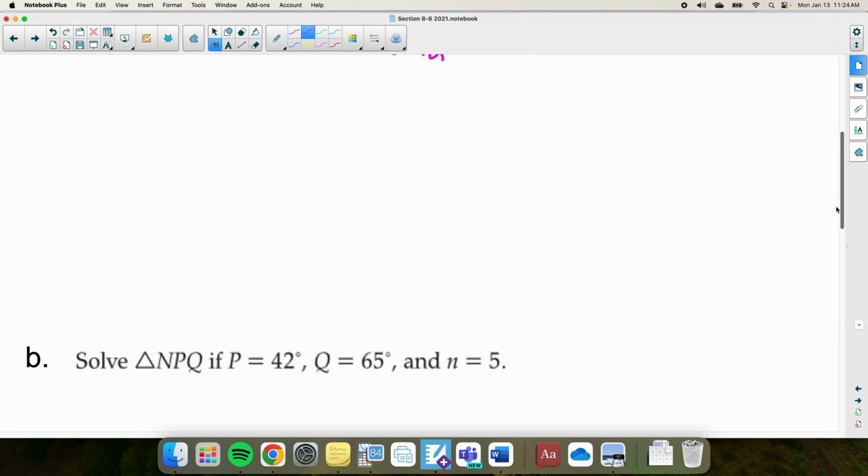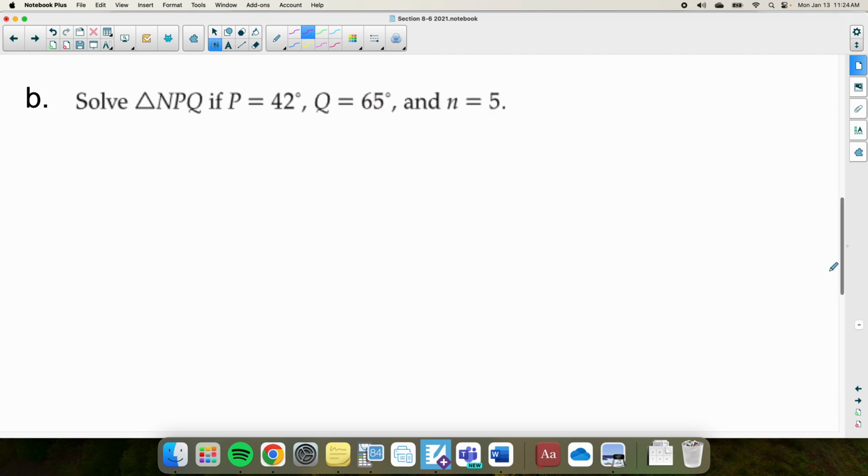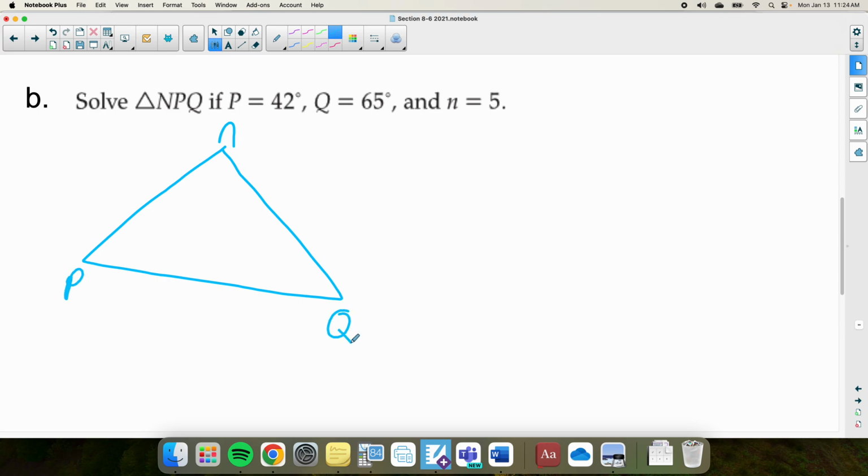And then the last thing, we don't have to do this problem, but I just need to explain it. So what they'll do sometimes is instead of giving you A, B, and C, they'll give you different vertices. So in this one, they give us N, P, and Q. So if we put that in, this is 42, this is 65, and they give us little n.